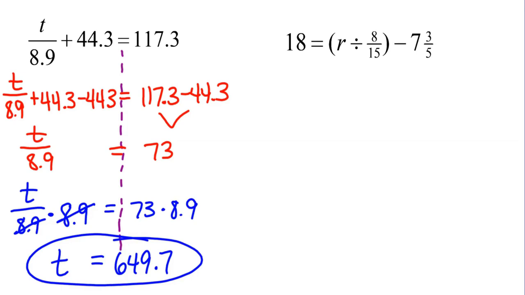And then finally, 18 equals r divided by 8/15 minus 7 3/5. So I have division and subtraction. First order of business here is to undo the subtraction by adding. So I'm going to add 7 3/5 to both sides.